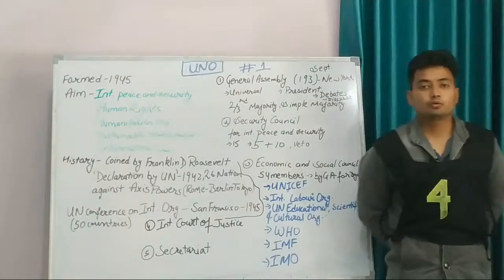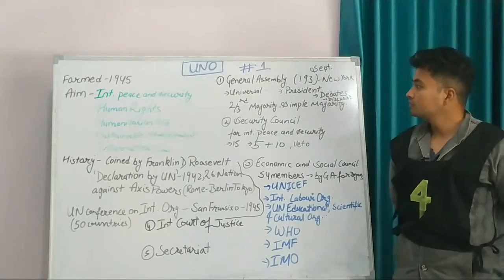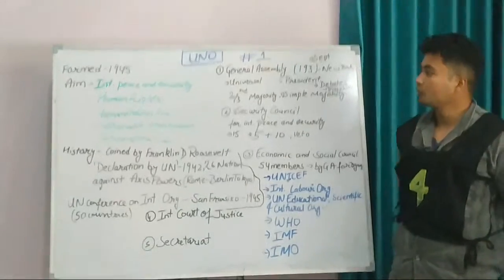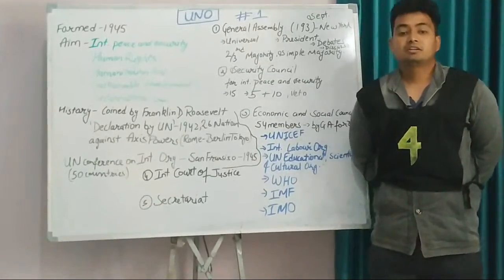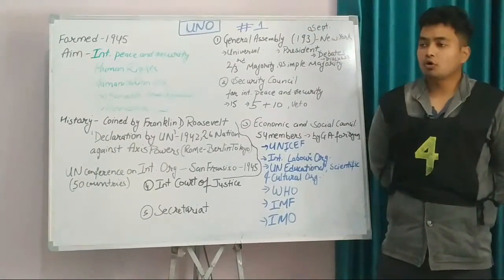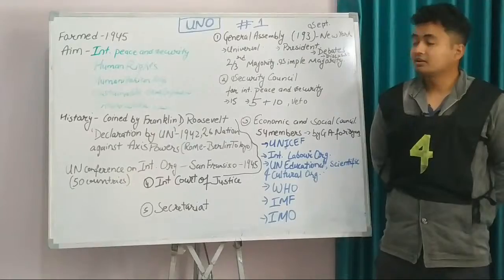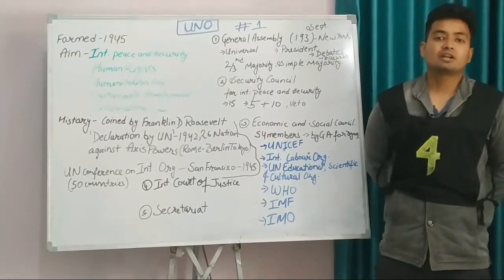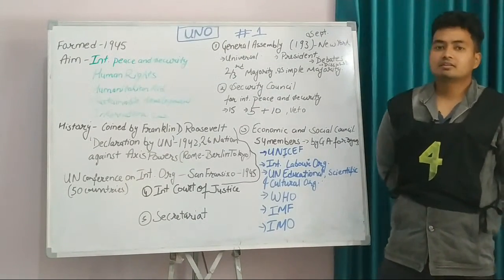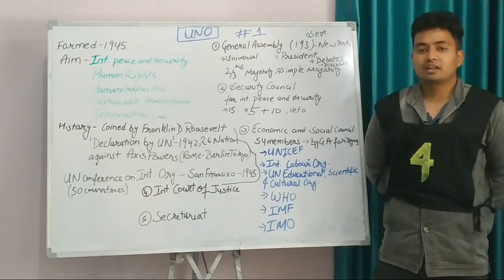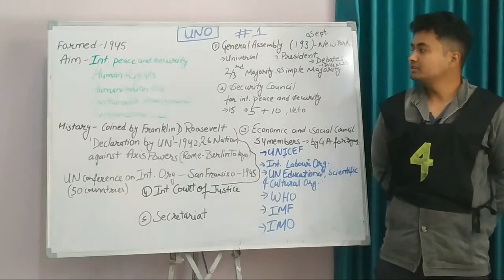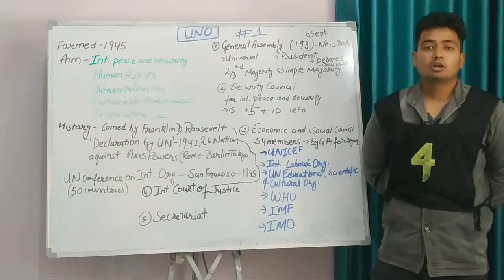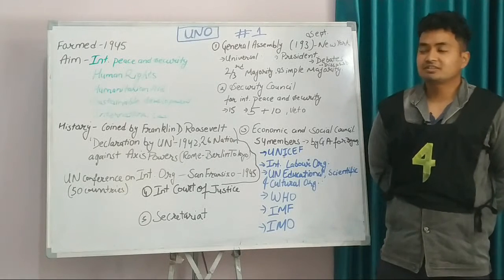Hello everyone. Today we'll learn about UNO. UNO, as we all know, stands for United Nations Organization, and it is an intergovernmental organization formed in the year 1945. Currently, it has 193 members, and the aims of the UNO are, first of all, to maintain international peace and security.